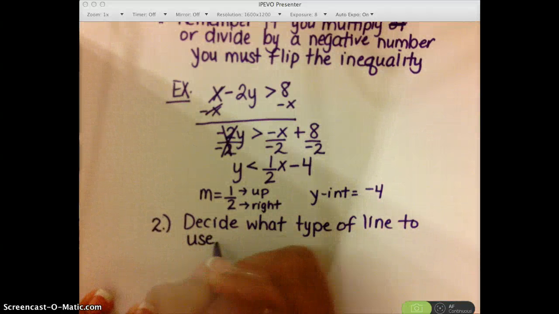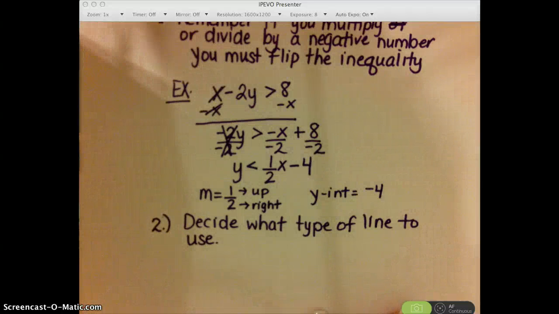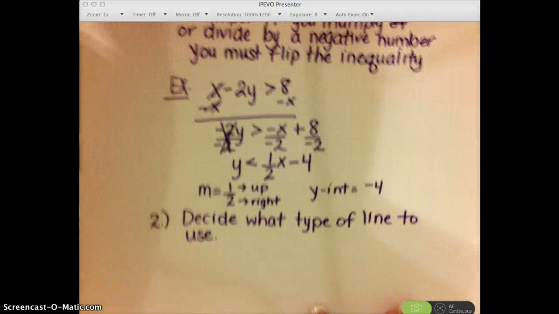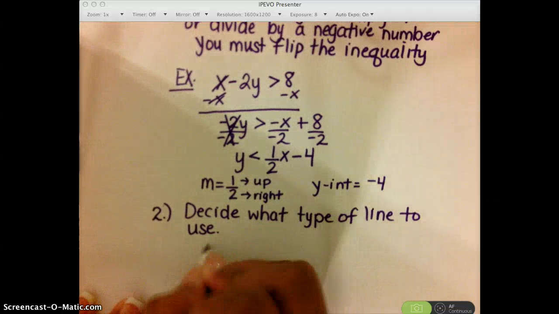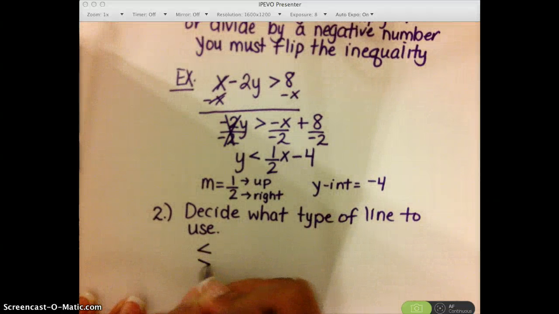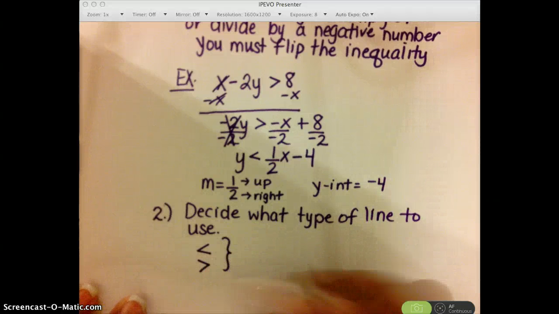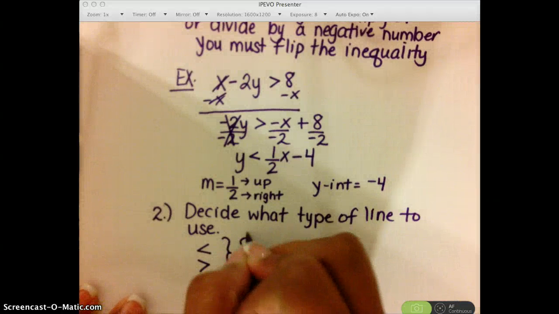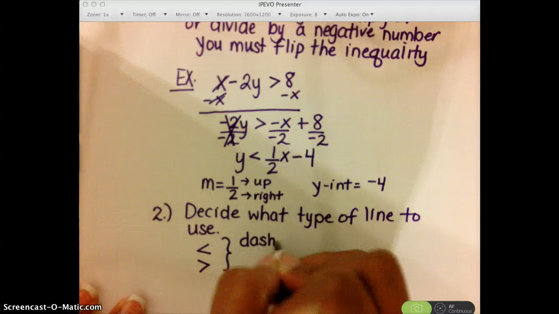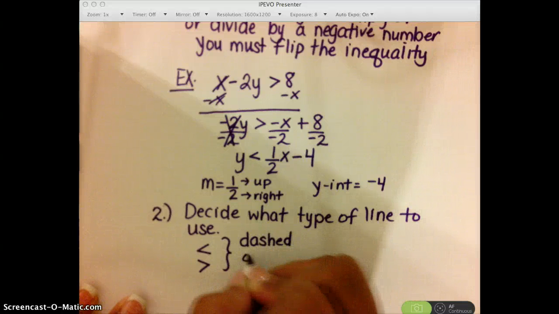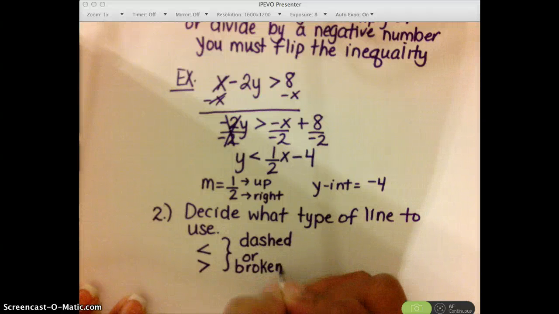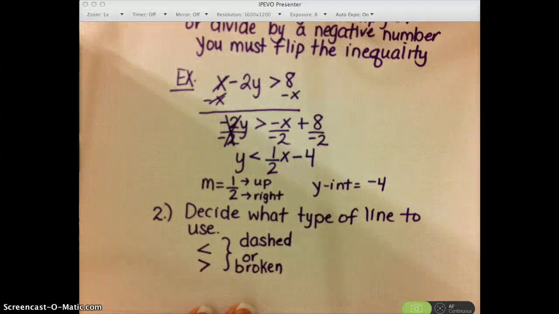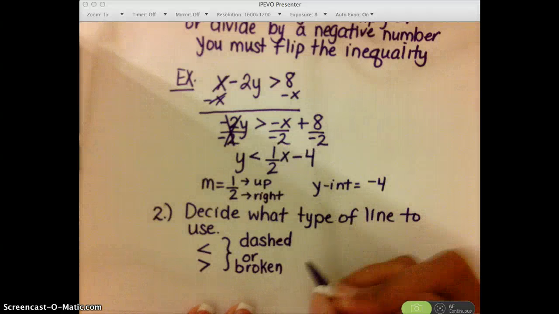Now when we were solving inequalities in one variable, we were using open circles and closed circles. If it was less than or greater than, that used to be an open circle. Now we're going to use a dashed line, or sometimes it's referred to as a broken line. You can think about it this way: the circle was open, so your line now is going to be open.